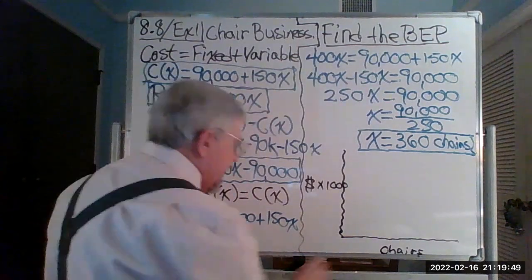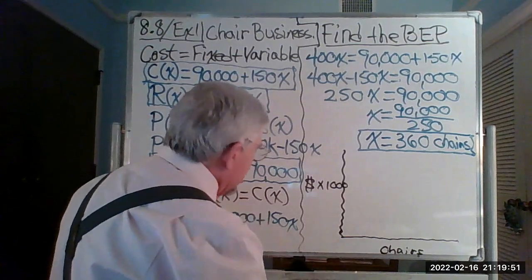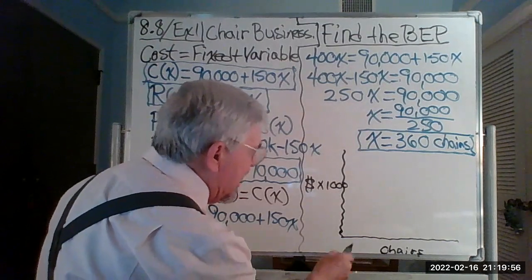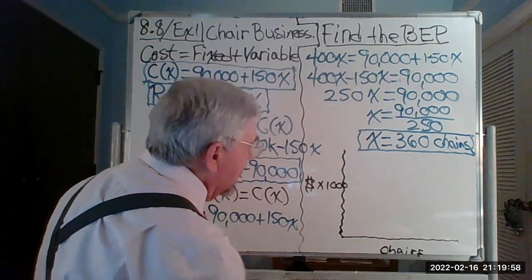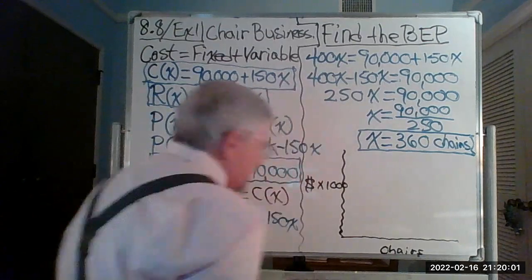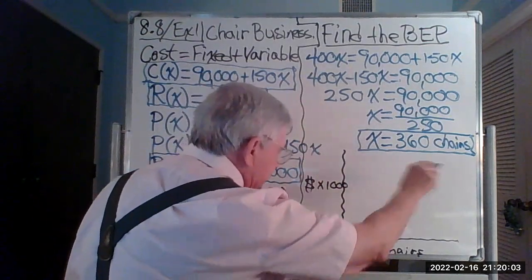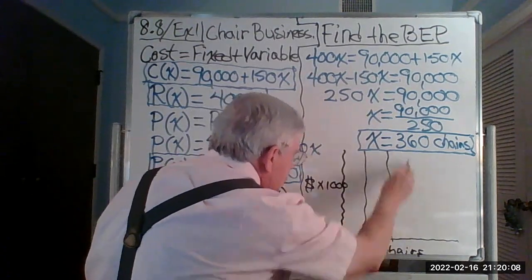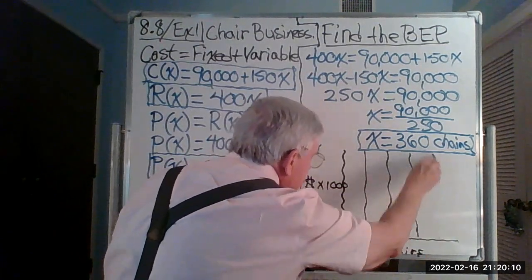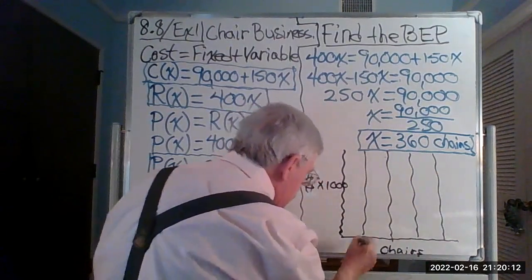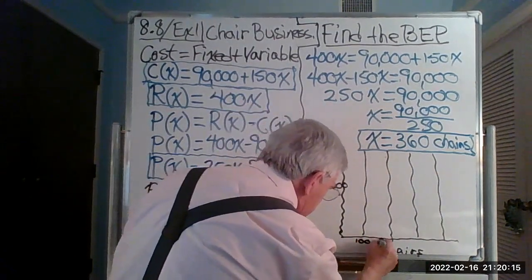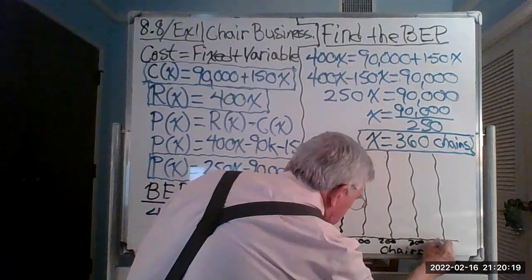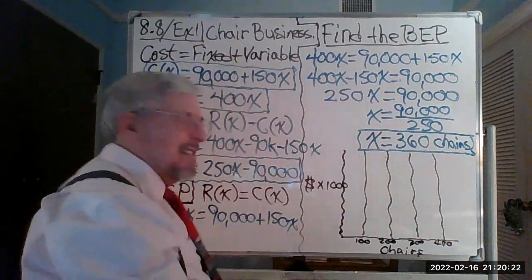So how am I going to set this up? Chairs, I've got to go out to 350. I'll do it by hundreds: 100, 200, 300, 400. There's my chair axis right there.